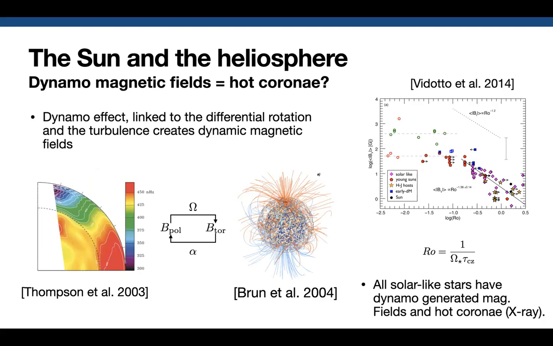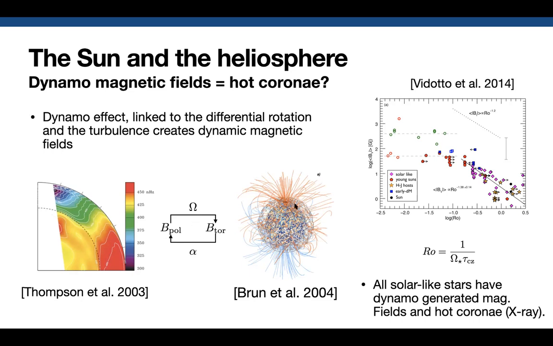Okay, so why am I speaking about convection and the convective zone? It's because essentially in this convection zone you have dynamo-generated magnetic fields, which we believe in the sun are the effects of the dynamo effect, especially alpha and omega dynamo effects. In the sun, the convection zone is in differential rotation. So you rotate faster at the equator than at the pole. You see, for instance, an image of the rotation frequency obtained by helioseismology.